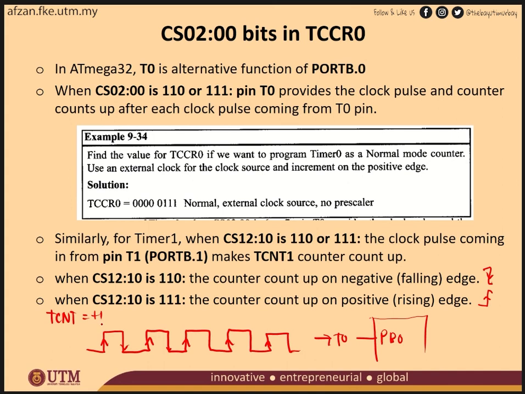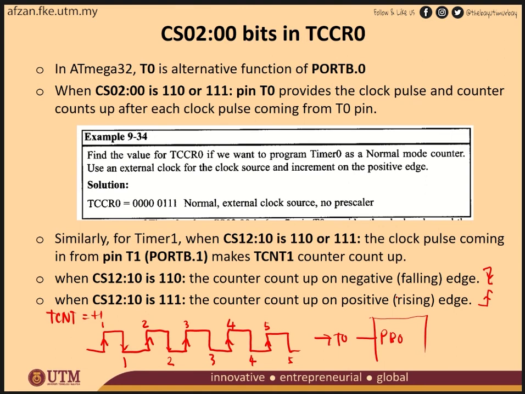If you're using a rising edge, it becomes 1, 2, 3, 4, and 5. If you put 110, then at every falling edge, the count inside your TCNT will be incremented by 1. This is how the counter register works to count an event at pin T0, which is connected to your PB0.